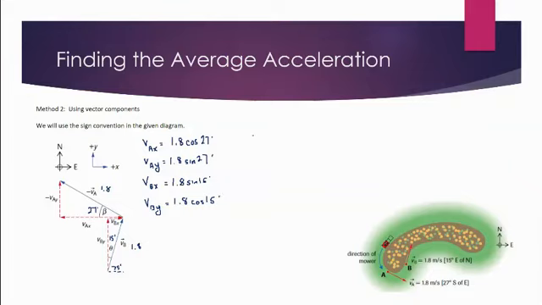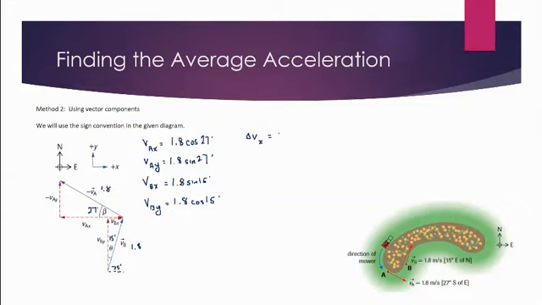So for my delta V in the x direction, what do I have? I have VAX going in my negative direction, and I have VBX going in my positive direction.